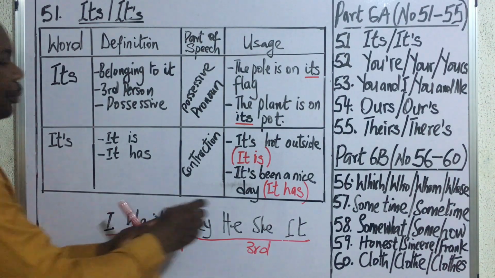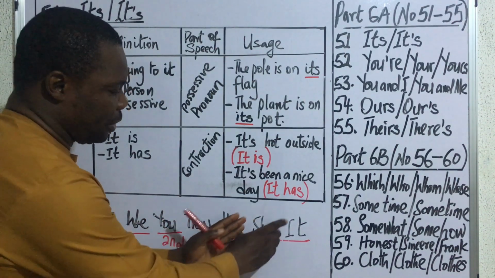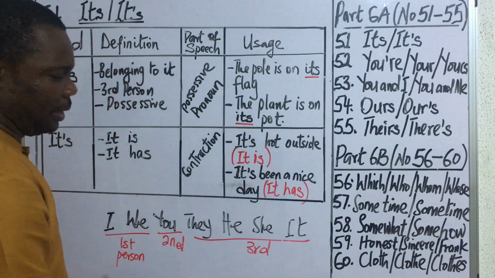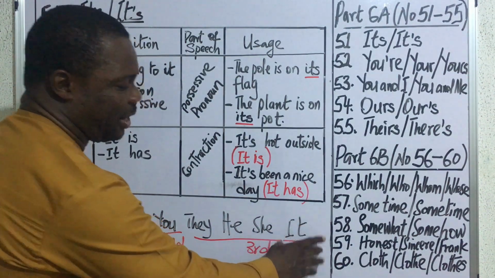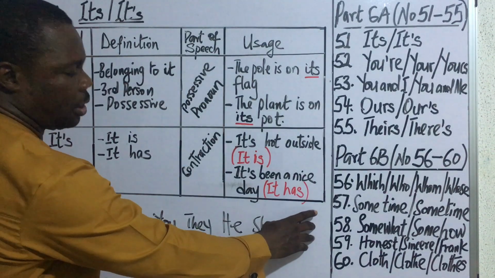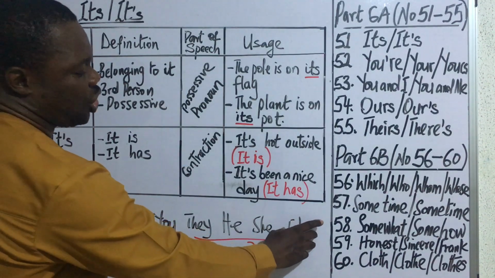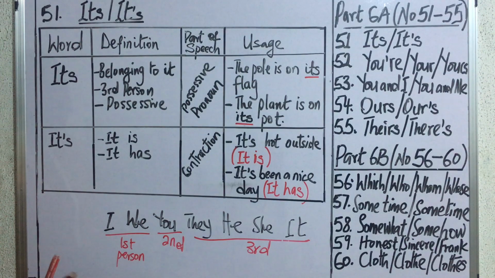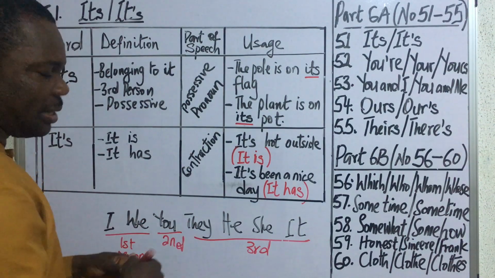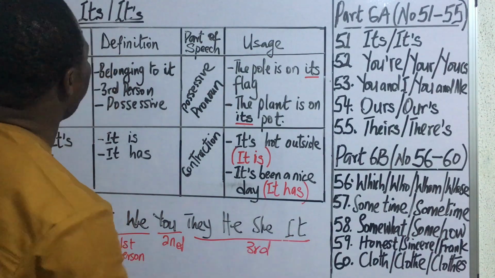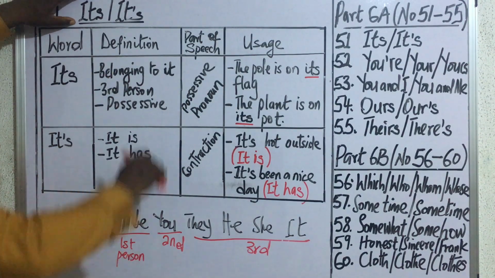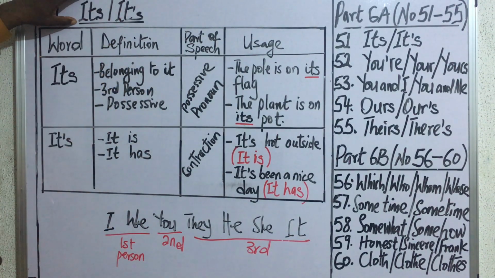Now, he is masculine, she is feminine, while it does not go with a defined gender. In other words, it is used as a neuter gender, that is for something that does not have a defined sex. Now, whatever belongs to it, we attract this pronoun that we are considering, that is its, the one that doesn't have an apostrophe.